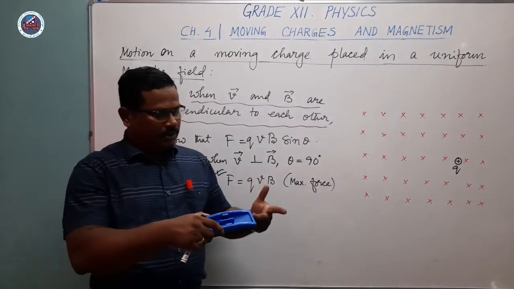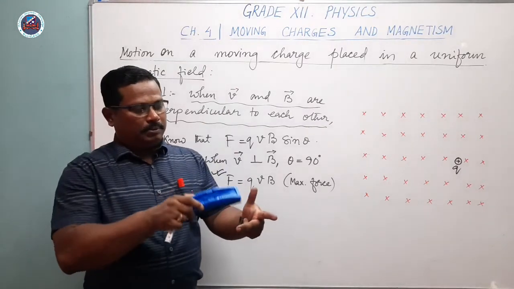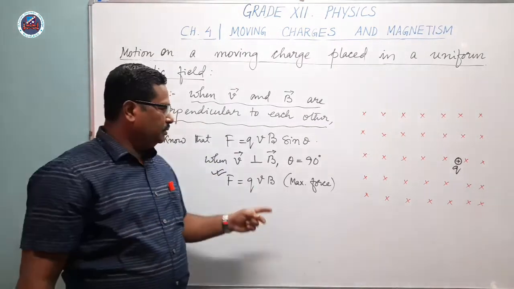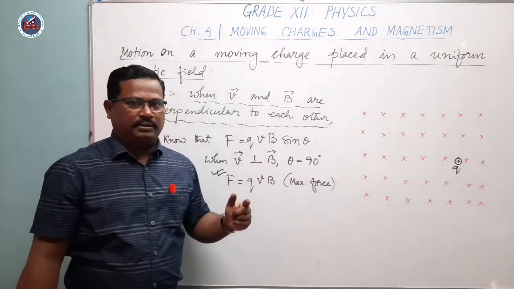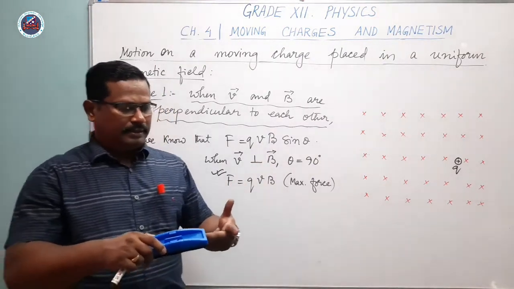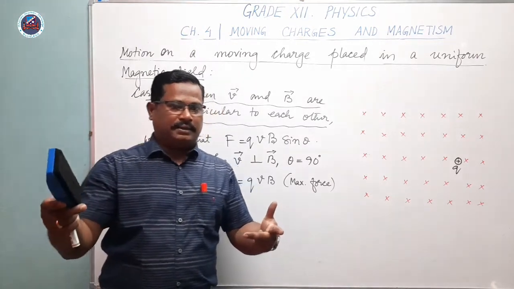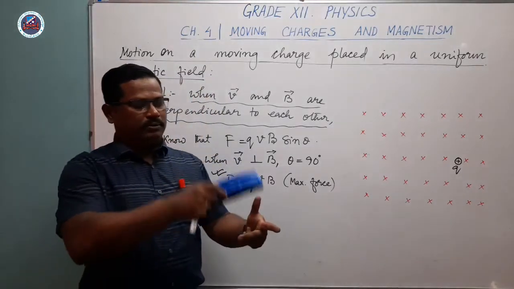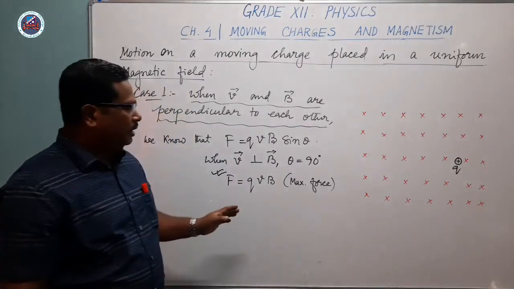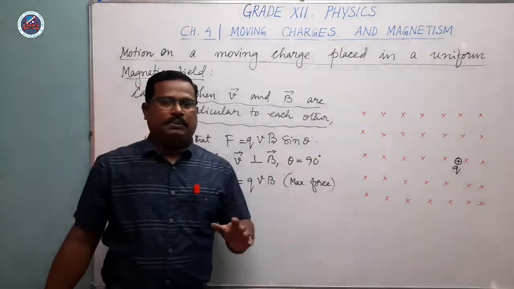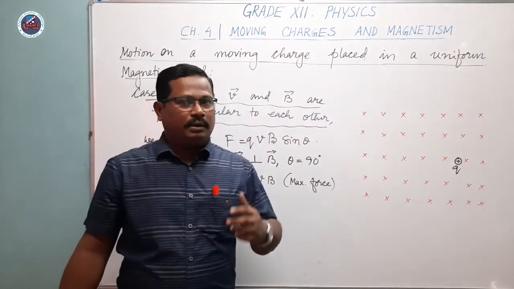If they are perpendicular to each other, the force experienced by the charge must also be perpendicular to both of them. As you already know, when we write V cross B in vector product, the resultant vector has magnitude VB sin theta, and its direction is perpendicular to both V as well as B. Here also the direction of the force must be perpendicular to both V as well as B.